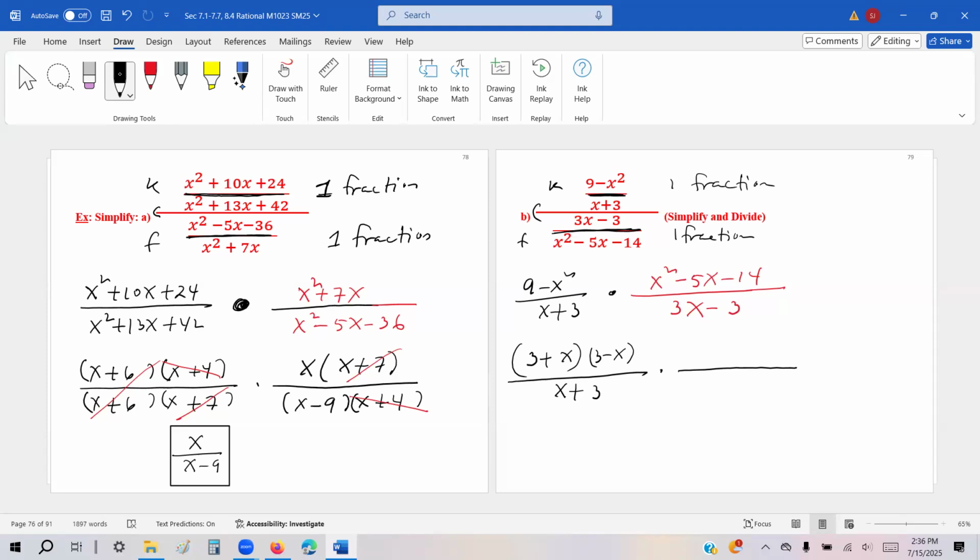The numerator or the denominator? Or both? Okay. Right. And how about the denominator? Two terms.